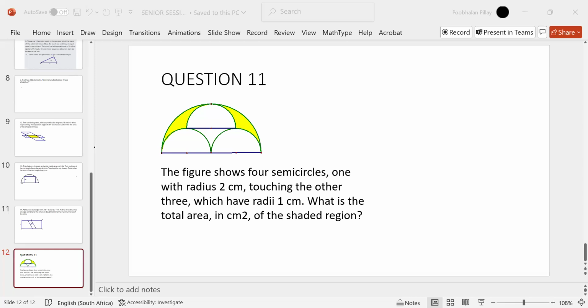Now, the figure shows 4 semicircles. Again, it's an area problem. You have to find the area of the shaded region. So this is a very funny looking shape, to find the area of this yellow part.